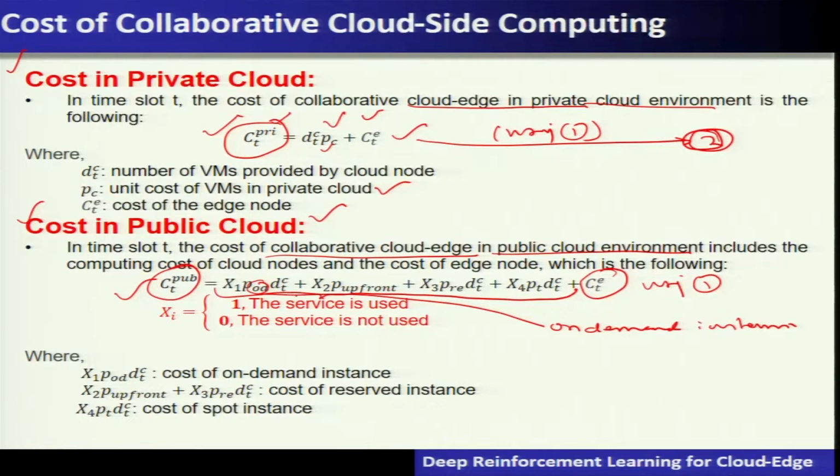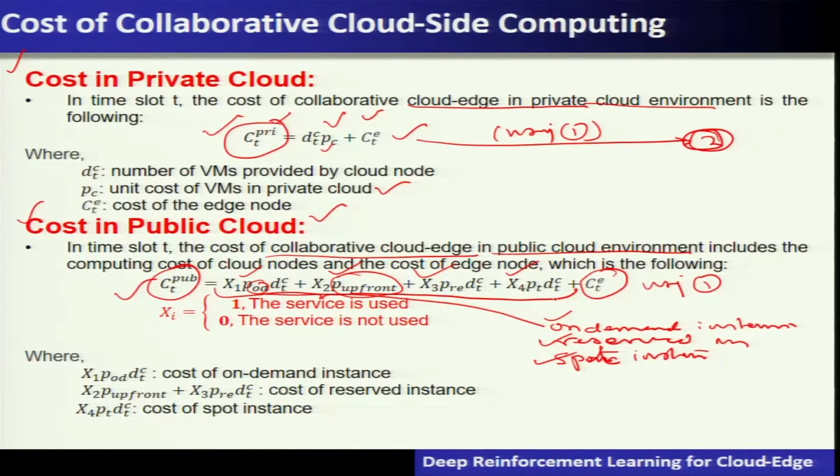Now the second type of service is called spot instance, and the third type of service is called reserved instance. So all are mentioned over here. X1 is on demand, X2 is reserved instance, X3 is spot instance, and X4 is some other type of instance.